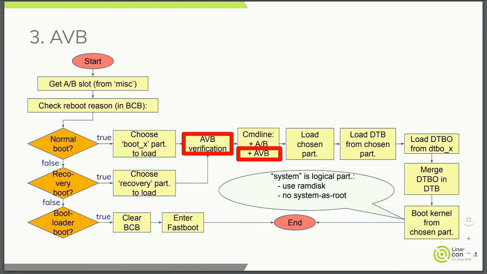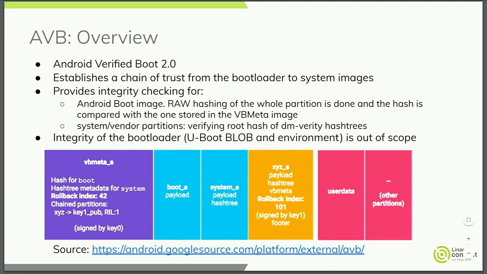So the next thing is AVB. It's verification of partitions. It stands for Android Verified Boot version 2.0, and I won't stop here because it's a really massive topic, but basically it allows you to check that your partitions are signed, and you can check that no partitions were tampered with.